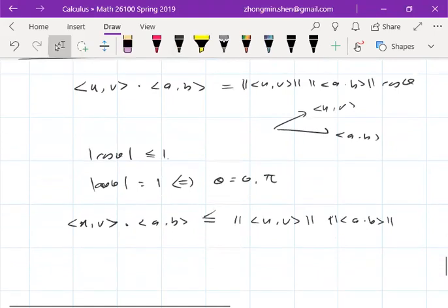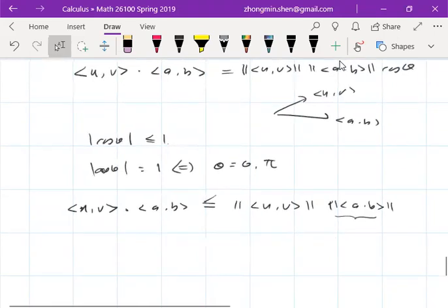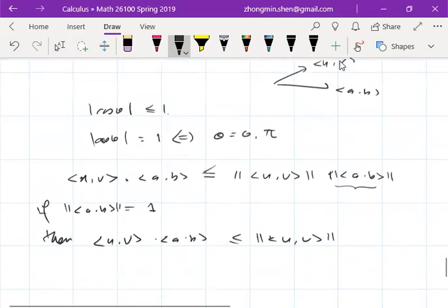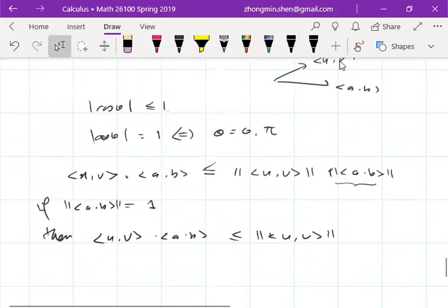If this is a unit vector, then you just replace it by 1, so this will be the maximum value. So if the length is 1, then this inner product is always less than or equal to the length of the vector U. And this is the maximum value for any direction.